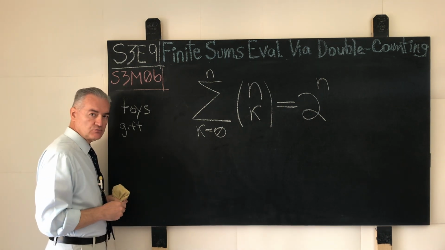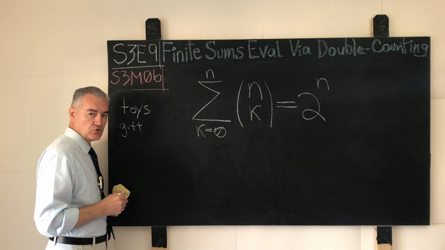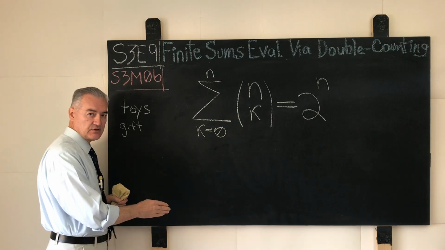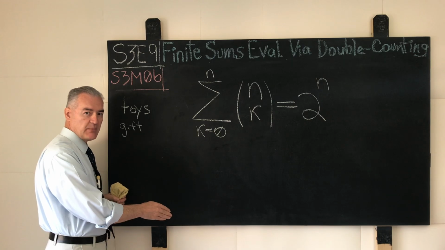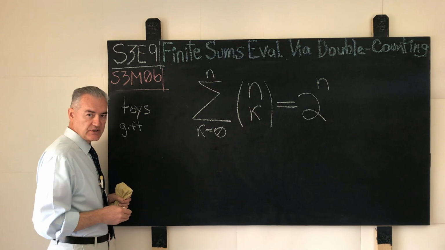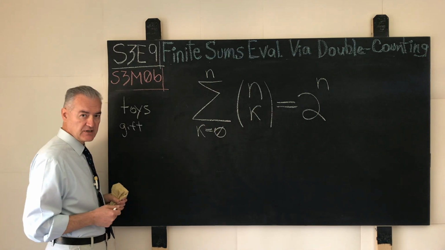Yes or no? And we notice that the answer to that question has only two possibilities. Yes, the current toy does belong, or goes, into a gift basket, or no, the current toy does not go into a gift basket and will not participate in the formation of the gift.